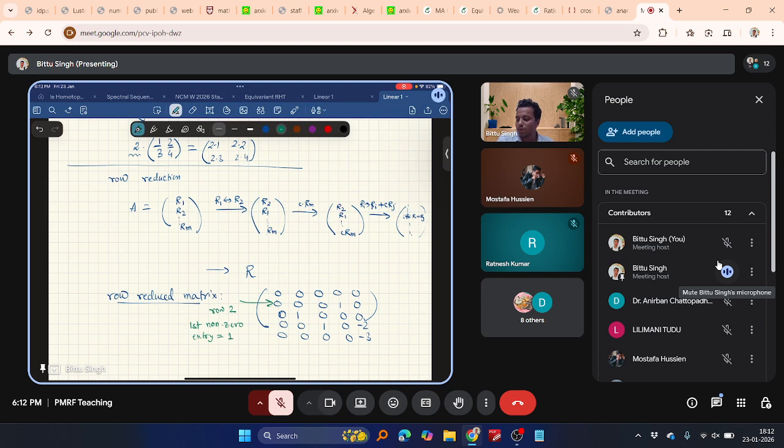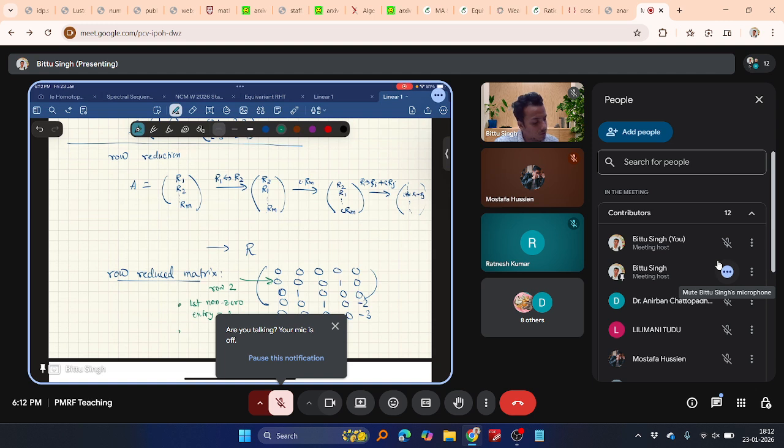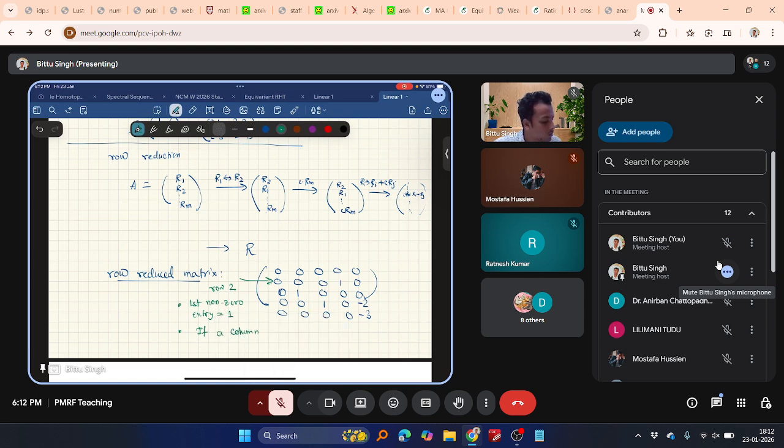Okay, this is one of the conditions, and another condition is if a column contains this leading one, meaning the first non-zero entry which is 1, then all the other entries of that column will be 0.